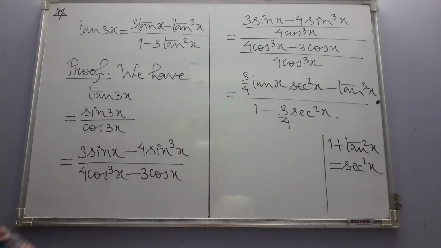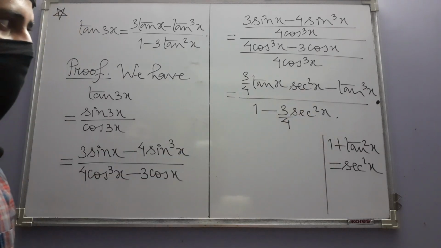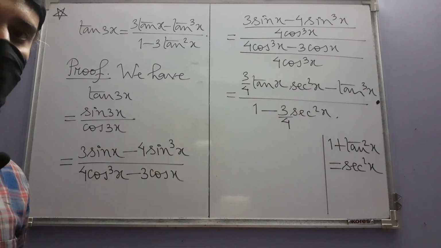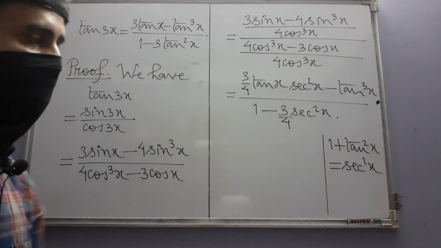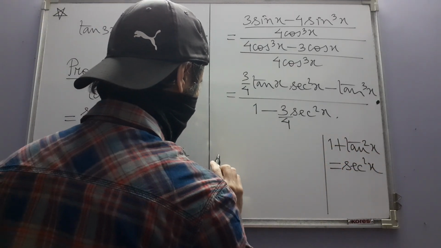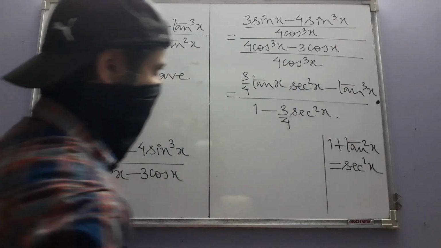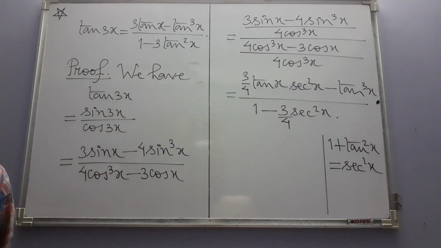So in the next step, we are going to use this to turn this secant square x into 1 plus tan square x. So do I have space for that here? I think it would be better if I do it on that side.